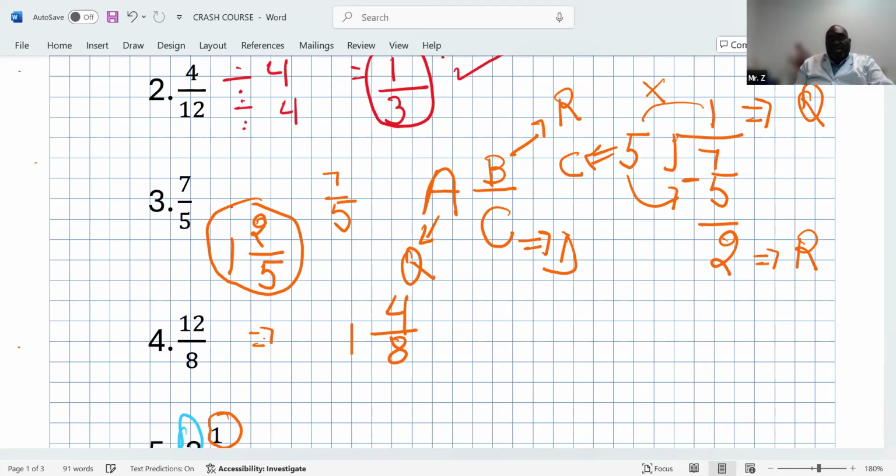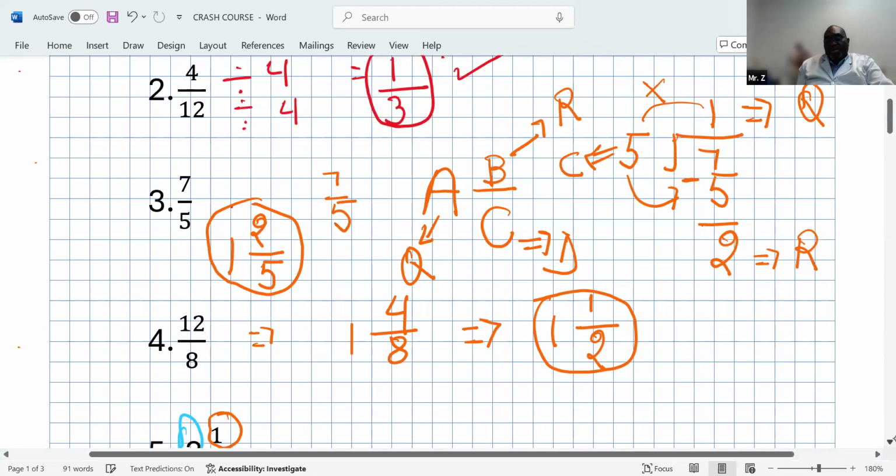But as we talked about before, look at 4 and 8. You cannot leave it like this. You have to simplify that. So you're going to go 1, and you simplify 4 by 4, you have 1, and 8 by 4, you get 2. All right. So this is how you convert that improper fraction to a mixed number.